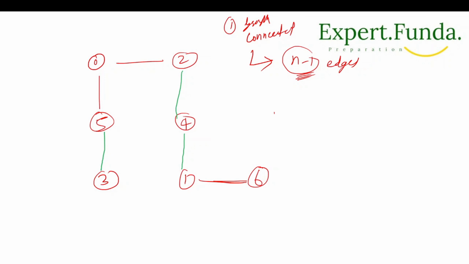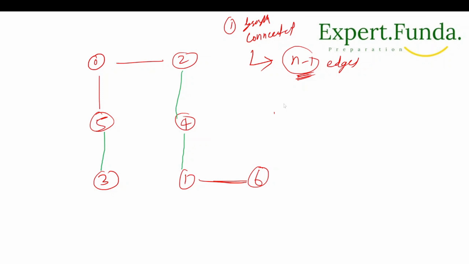Otherwise it is possible to connect the graph. Now understand, is it impossible to connect a graph that has fewer than n-1 edges? Yes, it is impossible, because this is our rule. Otherwise it is always possible to connect the graph.